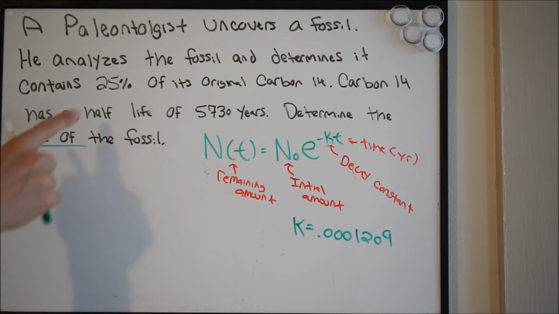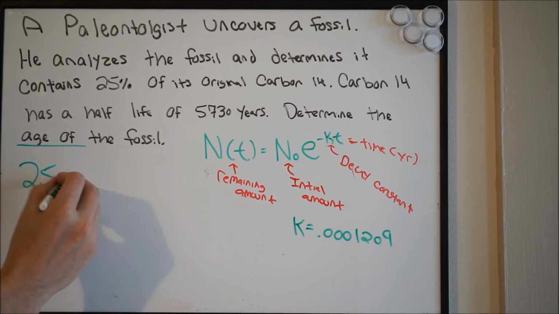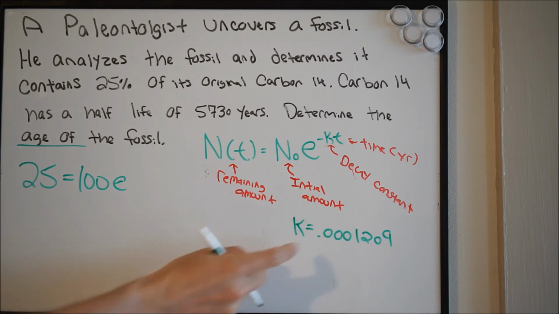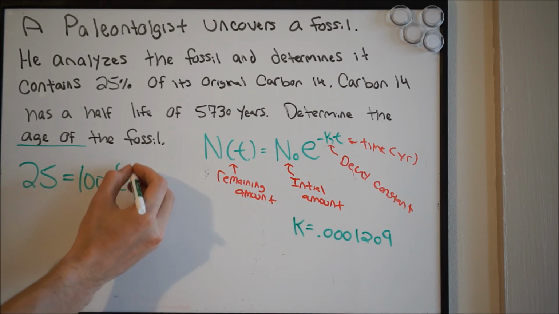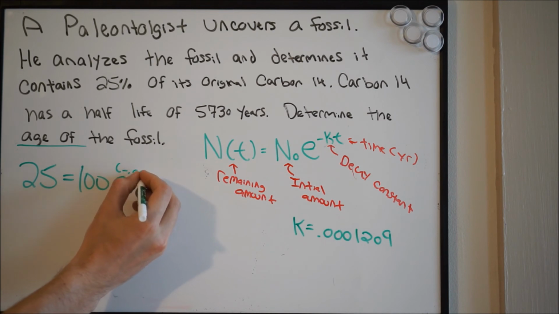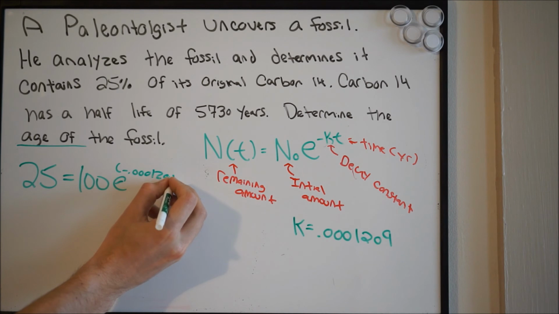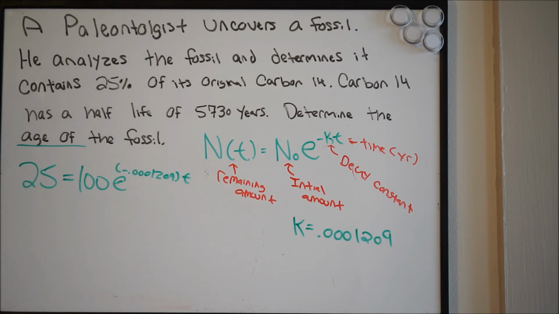So the remaining amount here is going to be 25, so we're going to put 25. So if this is 25, what was the initial amount? Well, that must have been 100. And then we have e, and then we have our k right here, so minus, put this in parentheses, minus 0.0001209, and times our time.